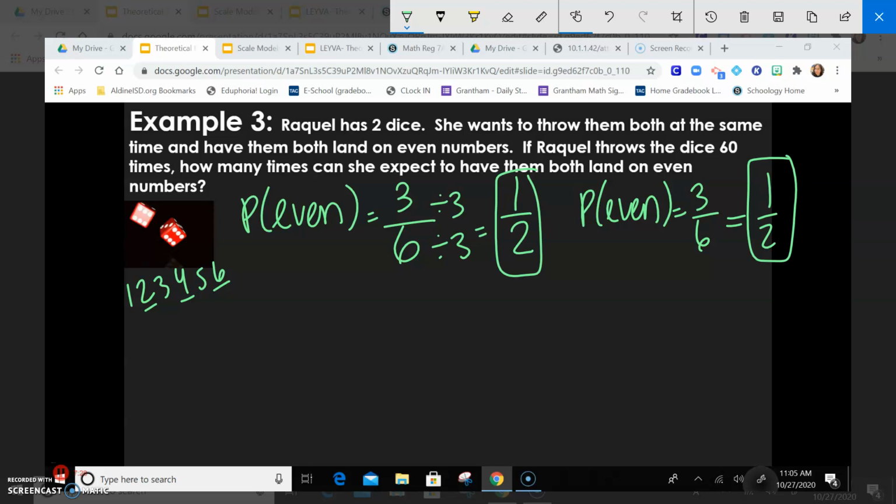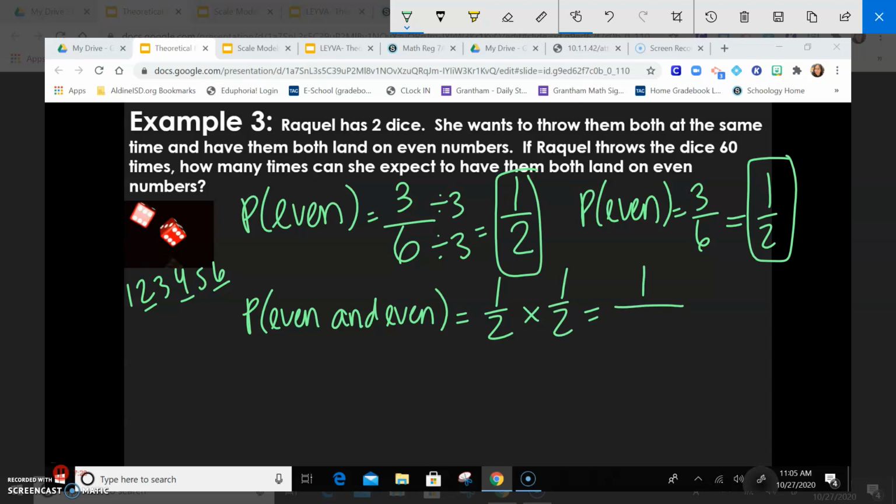Remember, when 2 events are happening at the same time, so probability of even and even, I'm going to take those 2 probabilities and I'm going to multiply them. So 1/2 times 1/2. When you're multiplying fractions, remember, you just multiply straight across. 1 times 1 is 1, 2 times 2 is 4. So it looks like the probability of both of the dice landing on even numbers is 1 out of every 4 times.